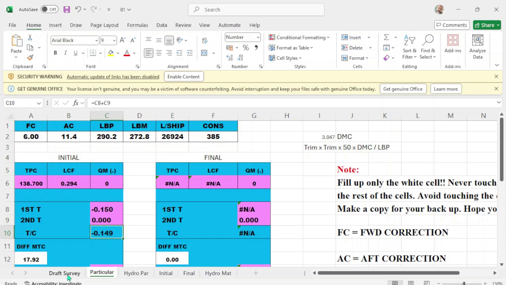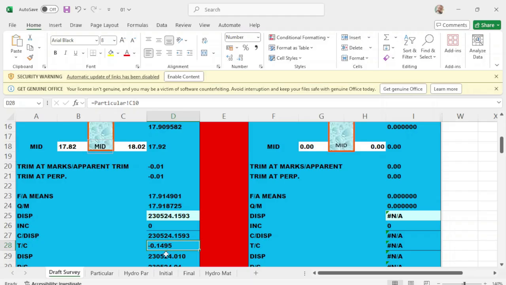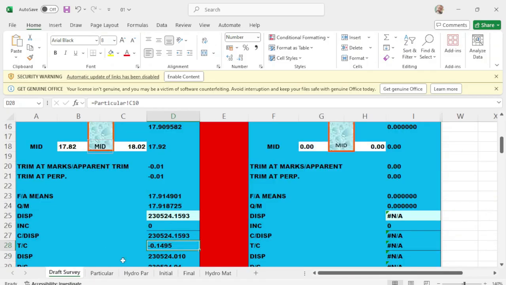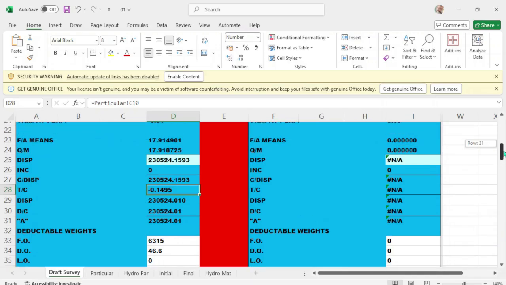So TPC should be 0.1495, which is this one. Okay, so we have now the TPC here. Then minus this one, this will be your displacement. This is UA.